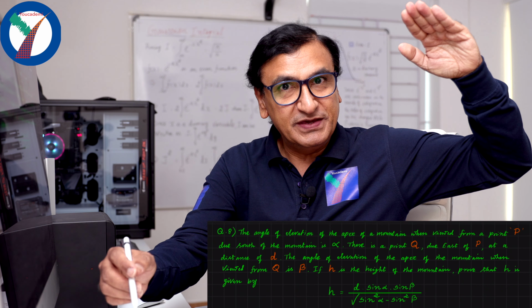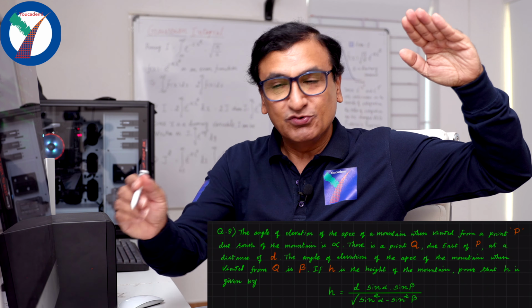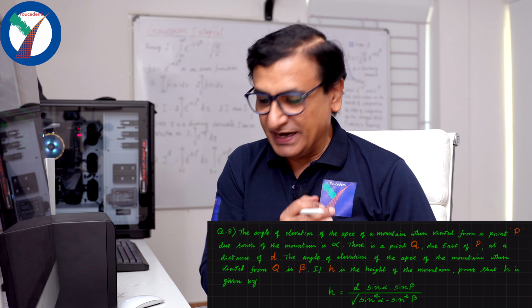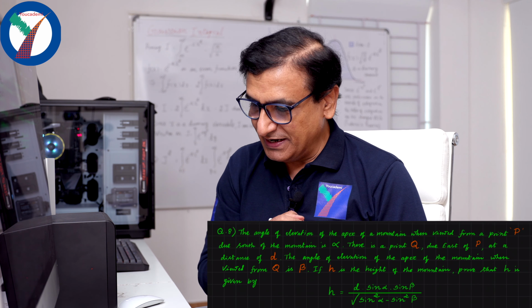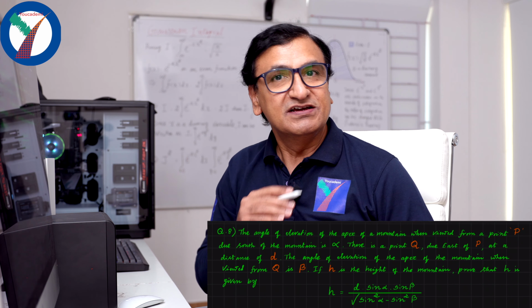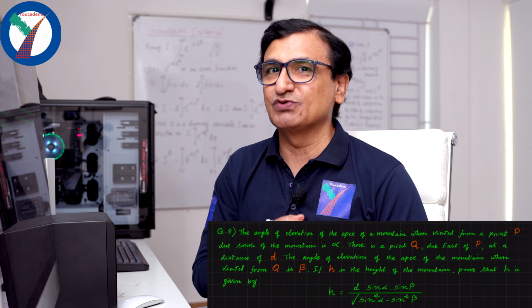When viewed from Q the angle of elevation is beta and PQ distance is D. You have to prove that the height h is given by d multiplied by sine alpha multiplied by sine beta, the whole thing divided by square root of sine square alpha minus sine square beta.